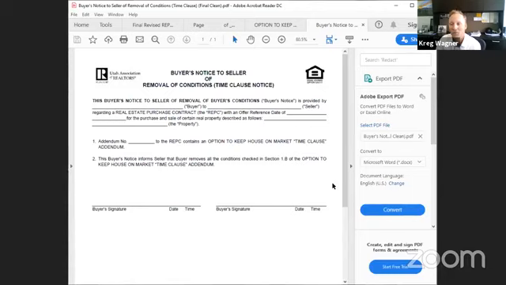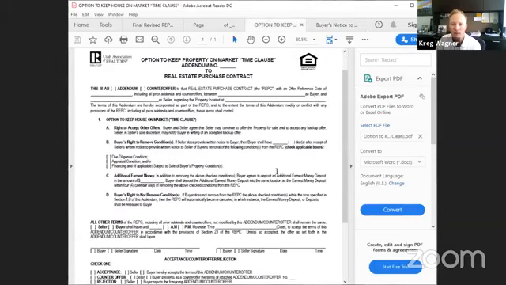So really, this is a pretty simple form. I'll just delve into it real quickly. It references the addendum that you used, the option to keep house on market time clause, and then you use 1.B there, and you give notice to the seller within the time frame there. Once you do that, then you're good to go.